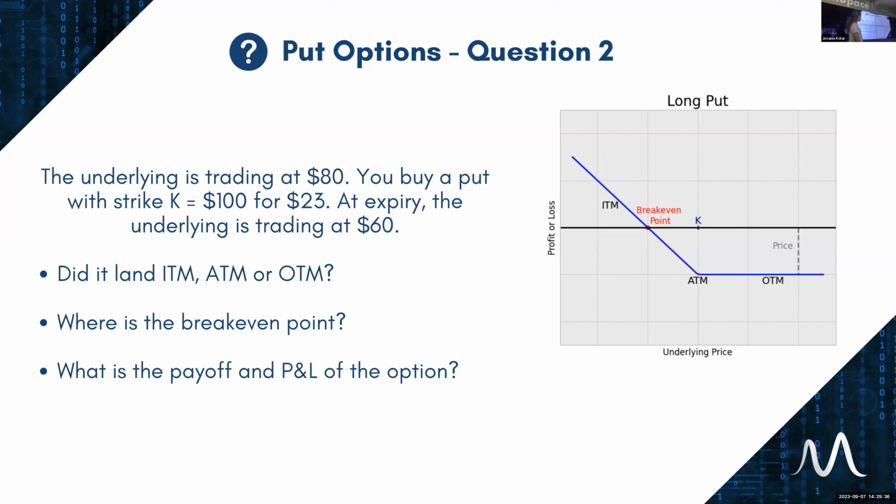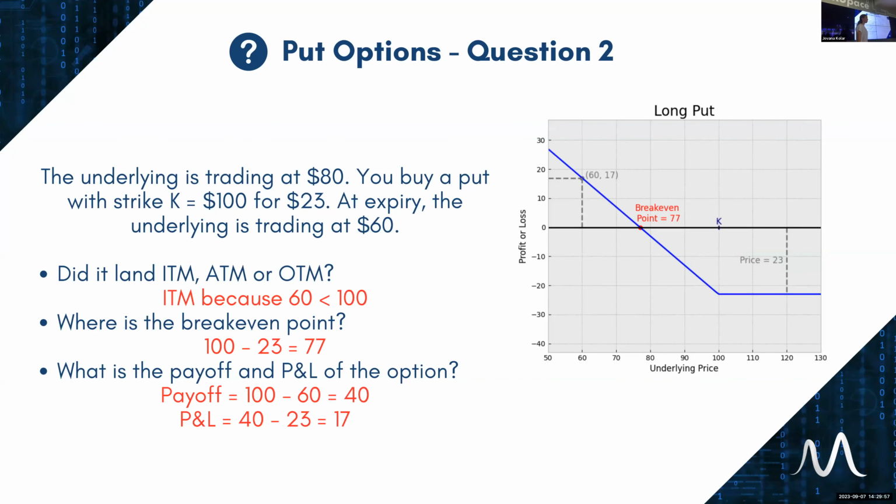That's right. How did you get $40? 100 minus 60. Right, so the underlying went to 60, so you made a payoff of $40, and then for the P&L, you bought it for $23. So P&L is 40 minus 23, so $17. Does anyone have any questions?